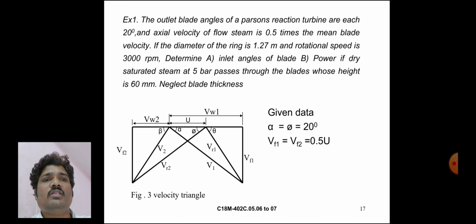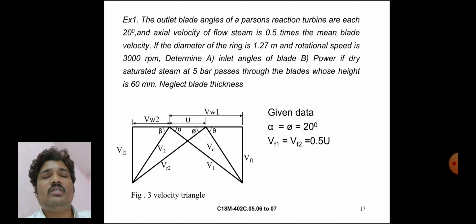In this figure, V1 is the steam inlet velocity, V2 is the steam outlet velocity. Vf1 is steam inlet flow velocity, Vf2 is steam outlet flow velocity. Vw2 is steam outlet whirl velocity, Vw1 is steam inlet whirl velocity. U is the blade velocity.